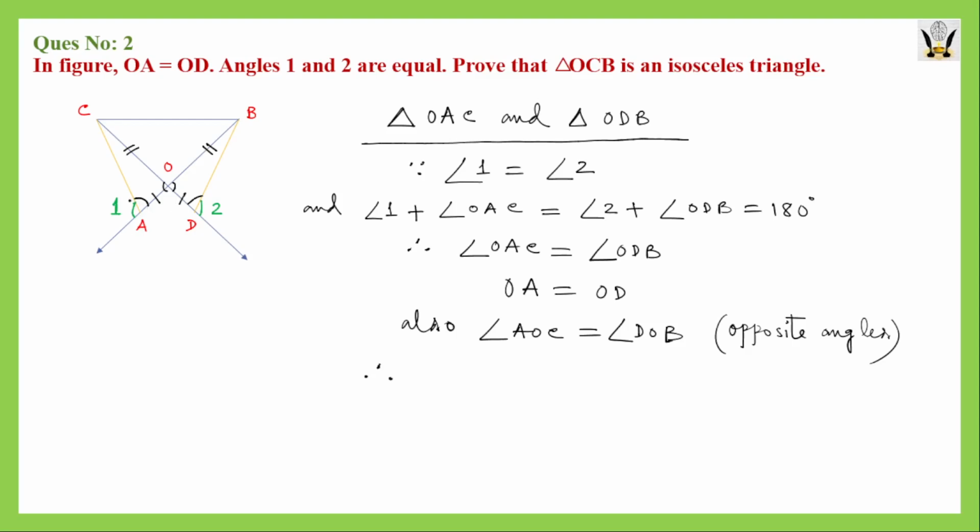So we have angle-side-angle congruency between these two triangles. So easily we can say again the corresponding side OC will be equal to OB. That means this triangle OCB will be an isosceles triangle.